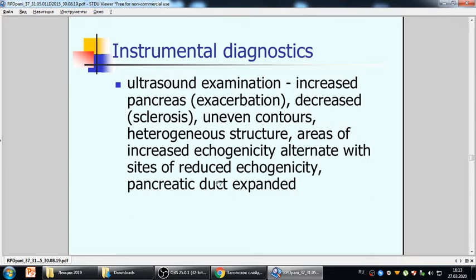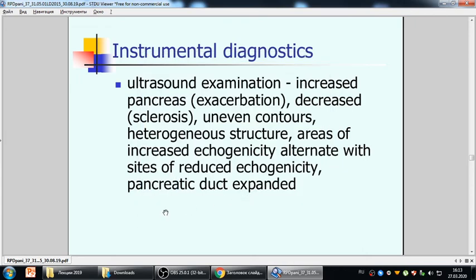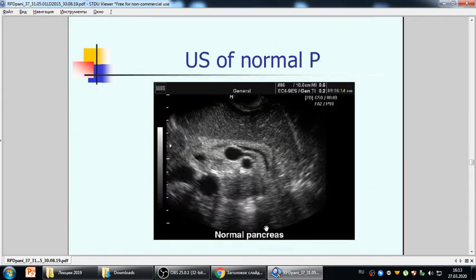Also we should be able to assess the contours of this gland, heterogeneous structure, places with reduced echogenicity, and also the pancreatic duct will be visible, with expansion of the pancreatic duct.